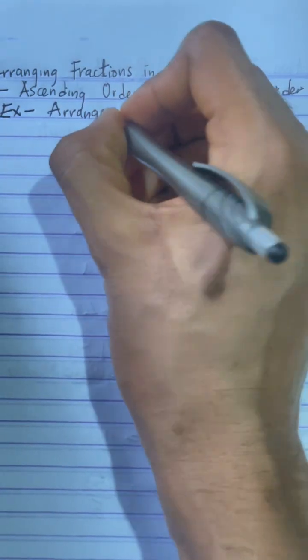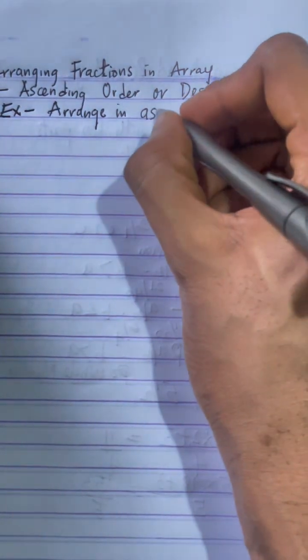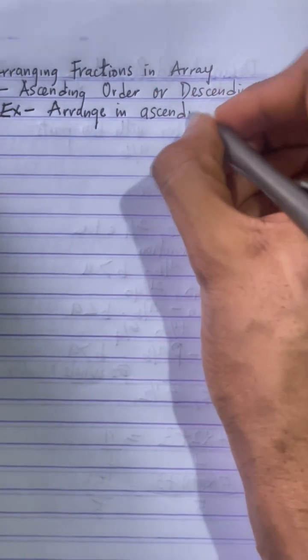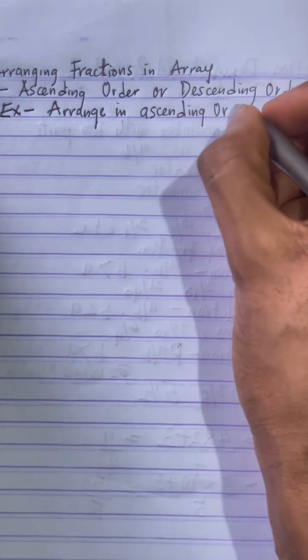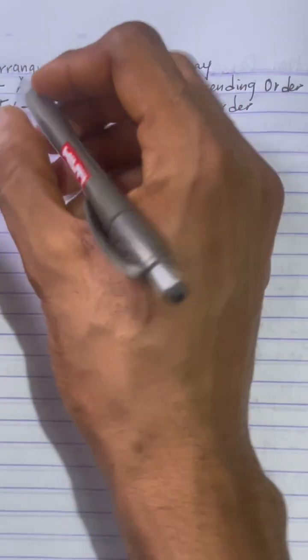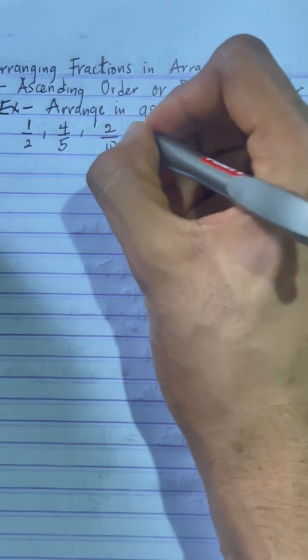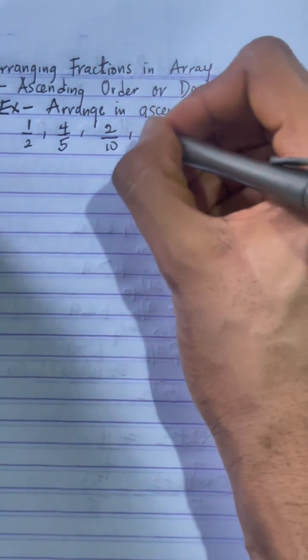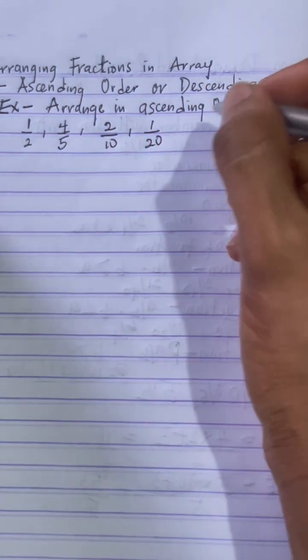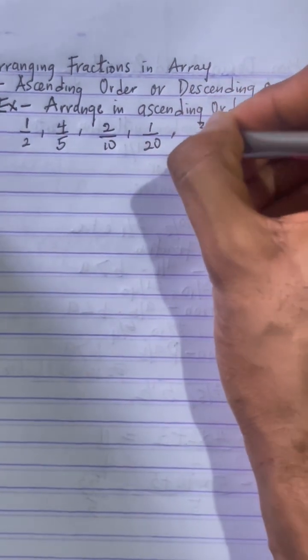Let's take an example. Arrange in ascending order: 1 over 2, 4 over 5, 2 over 10, 1 over 20, 3 over 4.